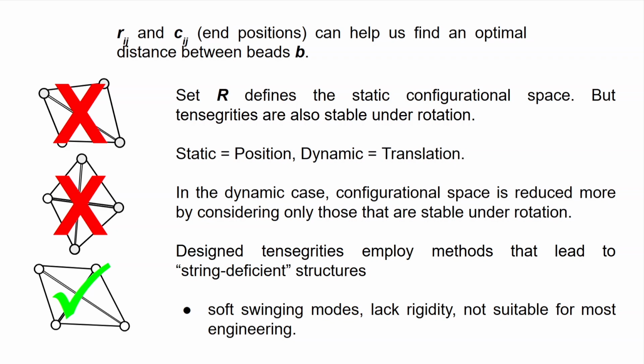So in the dynamic case, configurational space is reduced more by considering only those things that are stable under rotation. So what we're doing with the dynamic aspect of this is not just saying we only care about those things that are stable dynamically. It also helps us to winnow down that list of probable stable structures.